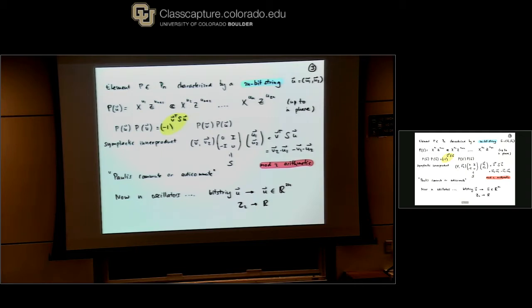And that depends on the symplectic inner product between these vectors. So this is not the usual inner product, but there's this S, which makes it a symplectic inner product. And here, this is v transpose S u. And if you write it out, it looks like this.